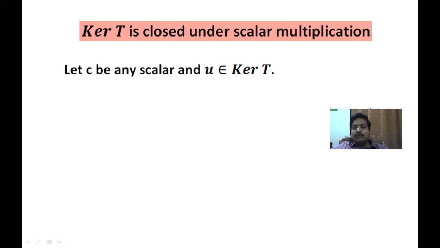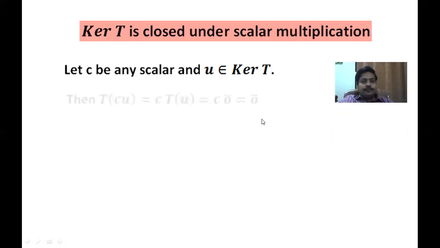O bar is the zero vector of W. So T of Cu is equal to C times T of u. This is from the definition of linear transformation, the second property of linear transformation.